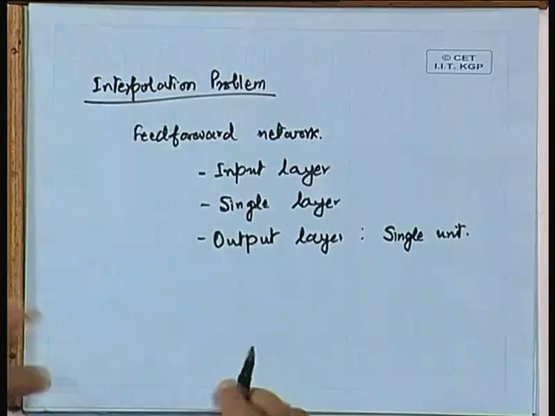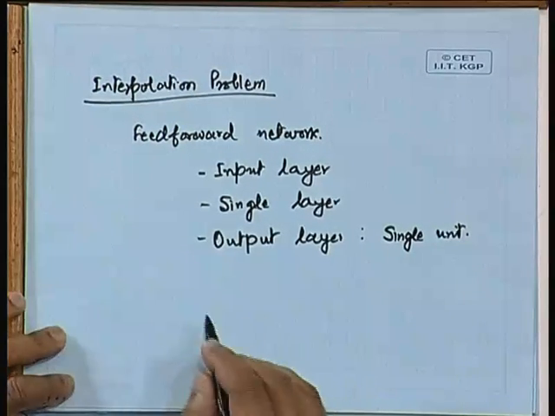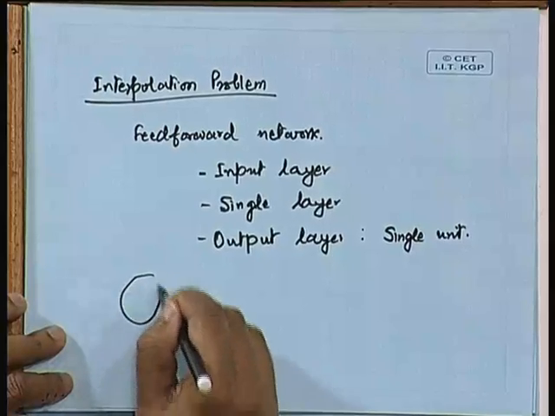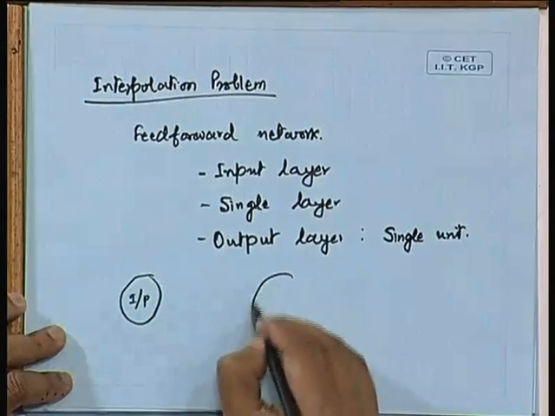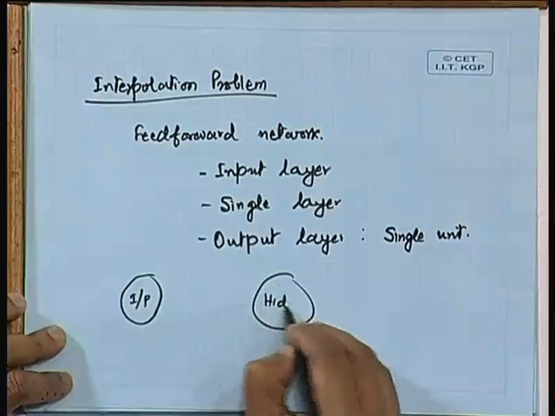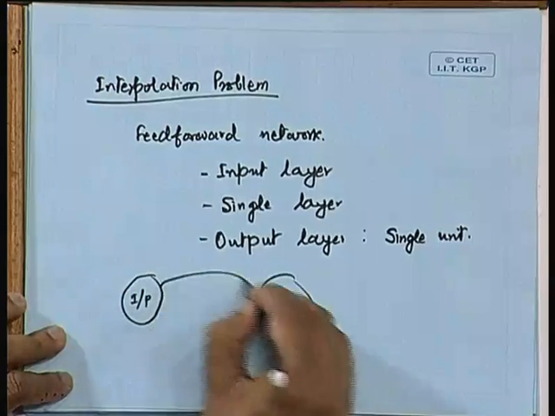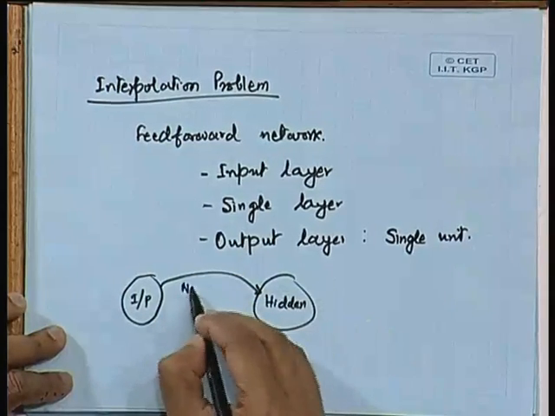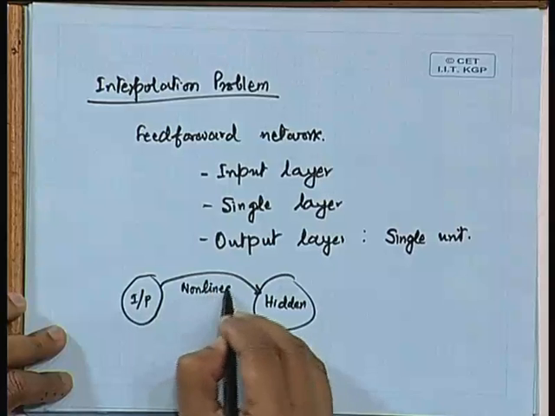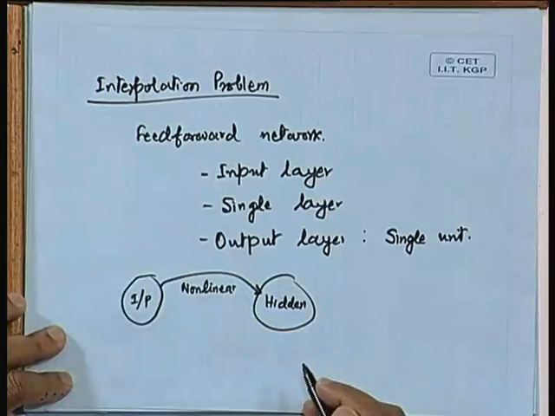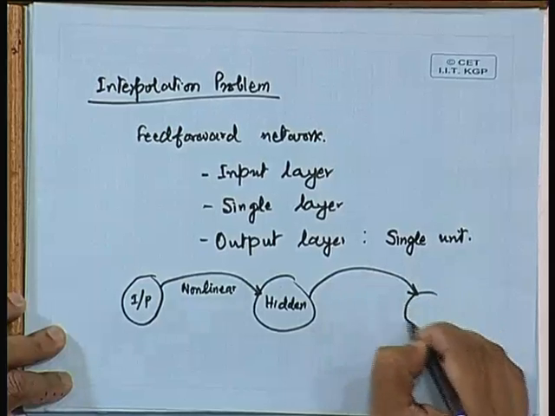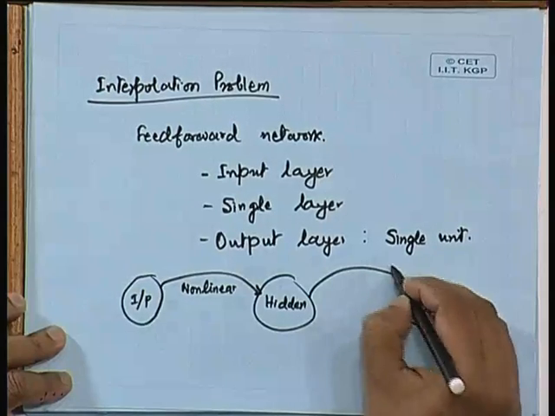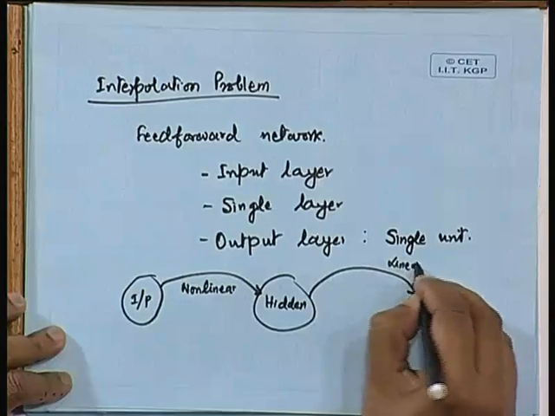So, essentially what this network is going to do is that from the input space, okay, it is getting mapped non-linearly into the hidden space. So, this is a non-linear mapping from the input space to the hidden space, and then from the hidden space to the output space there is going to be a linear mapping.